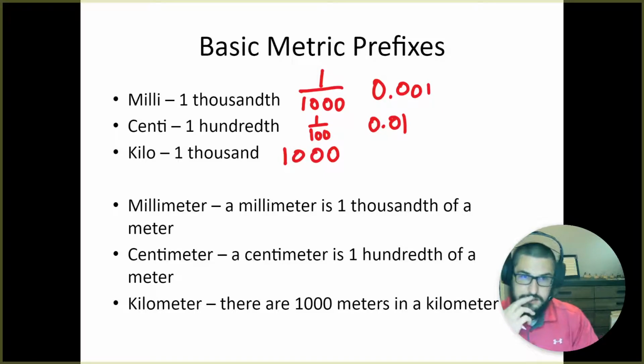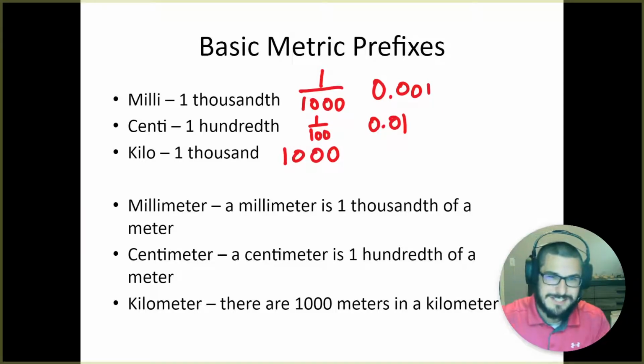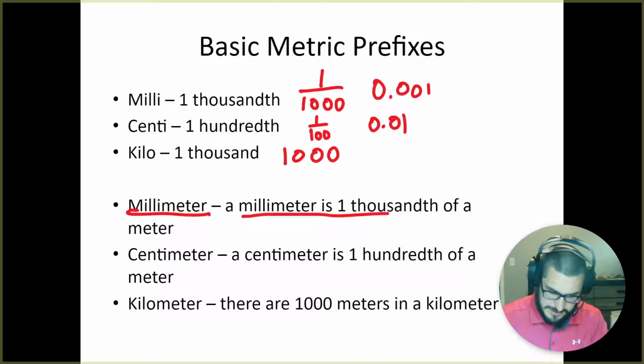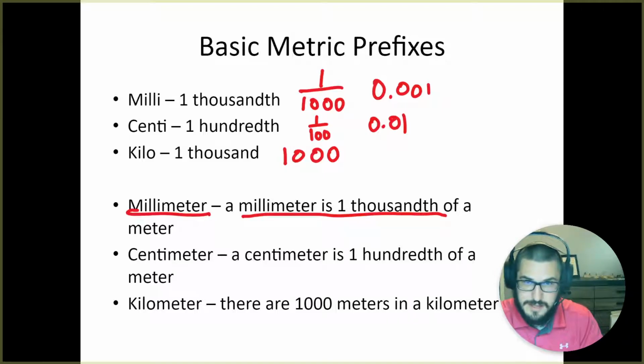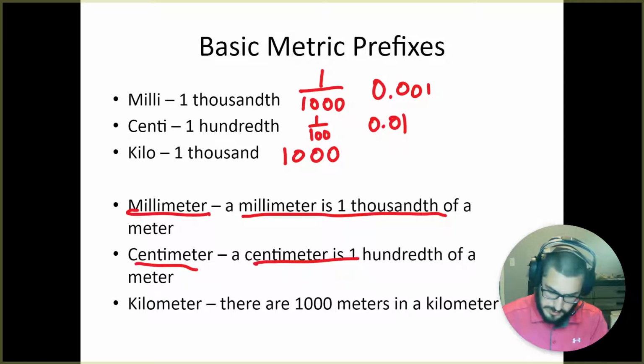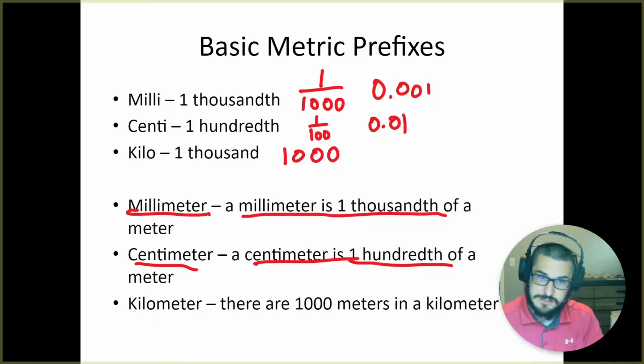And so if you put that as a prefix in front of a unit like meter, then a millimeter is 1/1000th of a meter. A centimeter is 1/100th of a meter.